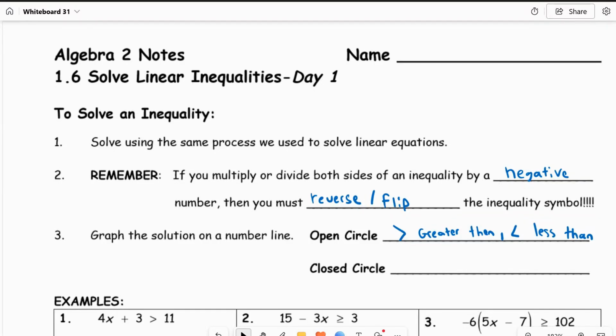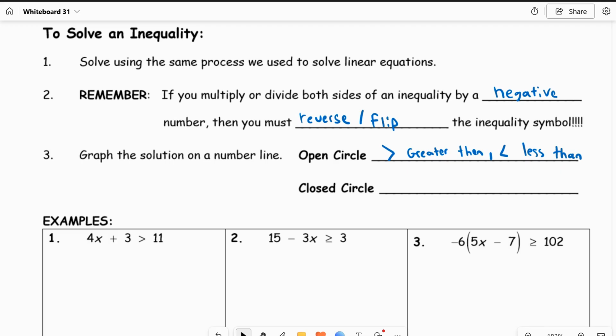And you will use a closed circle if you have a greater than or equal to, or a less than or equal to symbol.